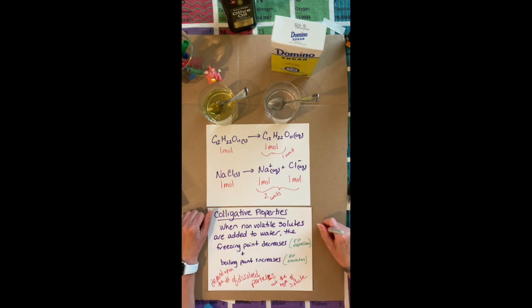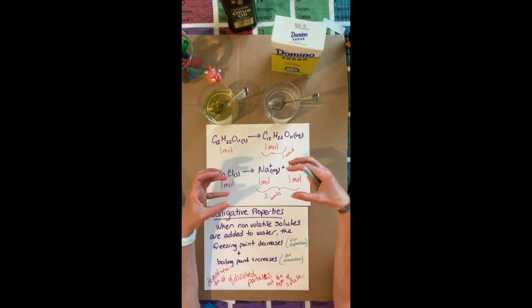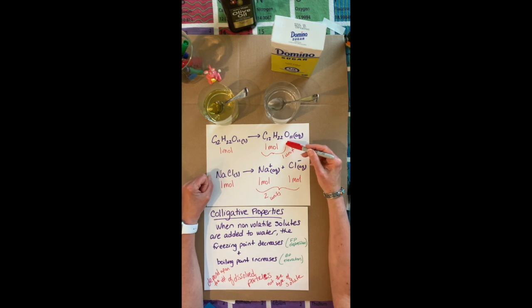Well, guess what, folks? This may surprise you, but if I wanted to reduce icing in the road, I could put sugar down there. I could put sugar on the roads. Now, I'm not going to do that. Sugar is more expensive, number 1. And number 2, it's not as effective. Sugar will decrease the freezing point of that water. But for every 1 mole of sugar, you still have 1 mole of sugar molecules working to interfere with that freezing of water.